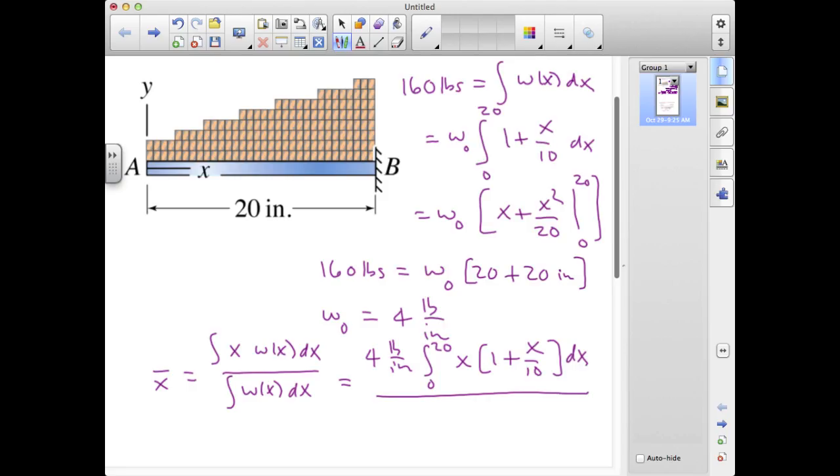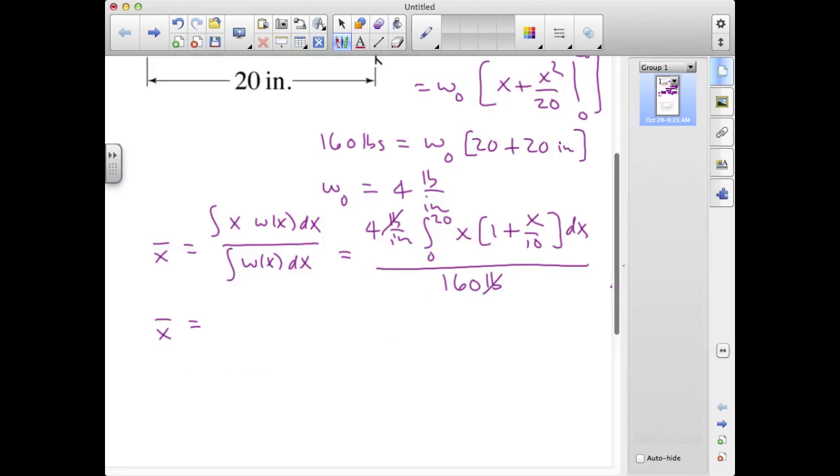Again, the denominator here is just 160 pounds. This gives us 1 over 40 inches, and then the integral is going to have units of inches squared, and that integral is simply x squared over 2 plus x cubed over 30, evaluated between 0 and 20.